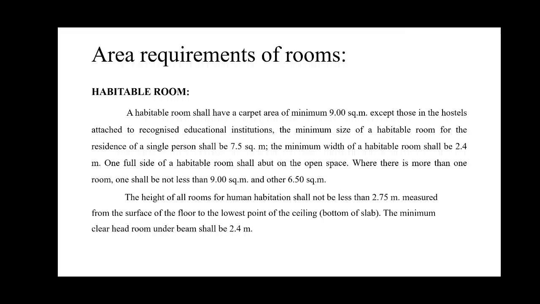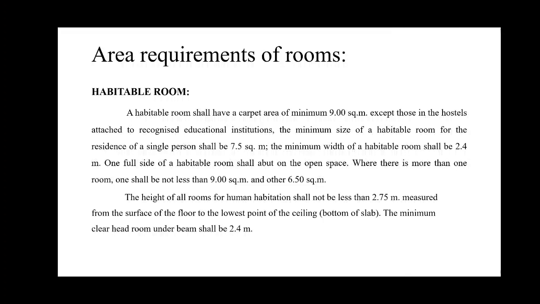The minimum size of a habitable room for a residence of a single person shall be 7.5 meters square, with the minimum width of a habitable room being 2.4 meters. Here it should be noted the minimum width should be 2.4 meters.